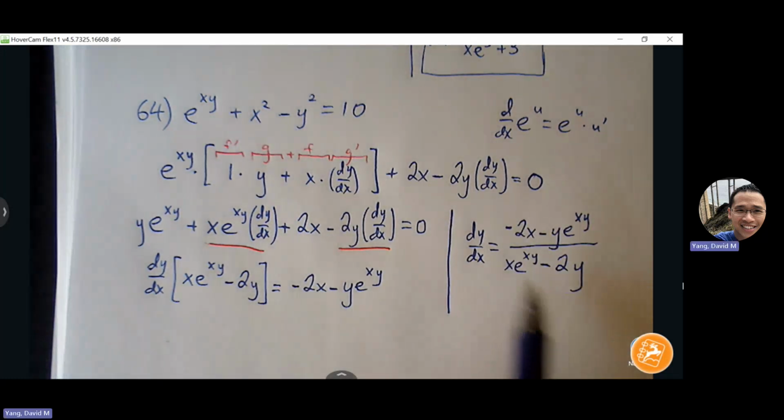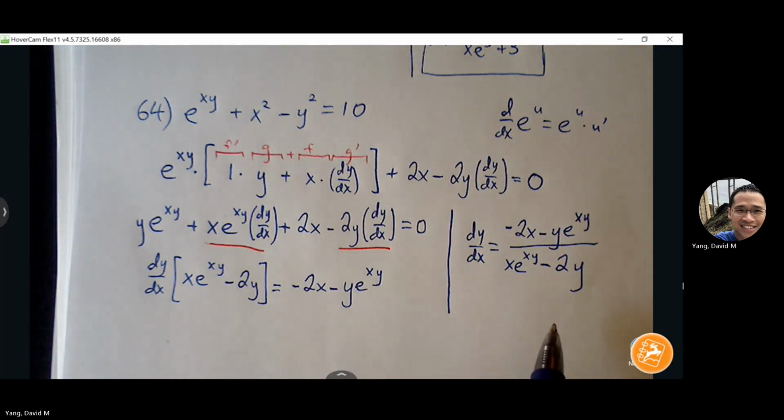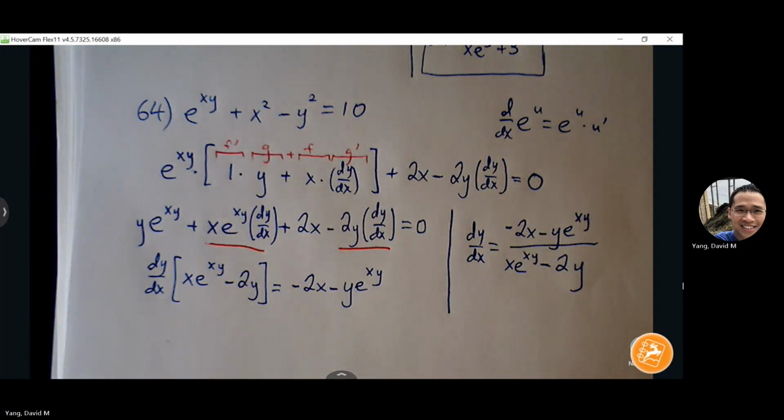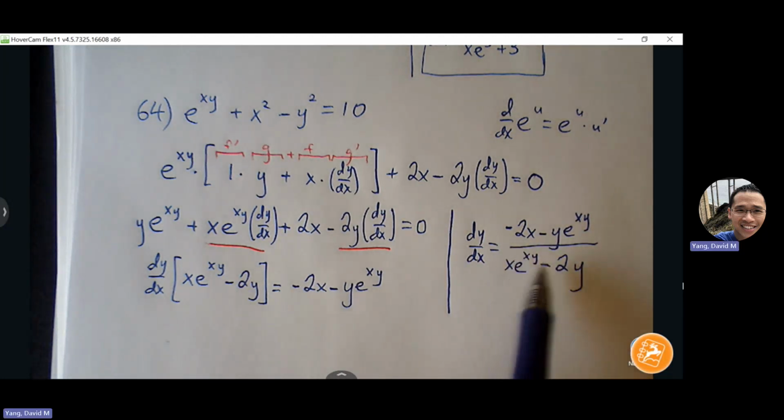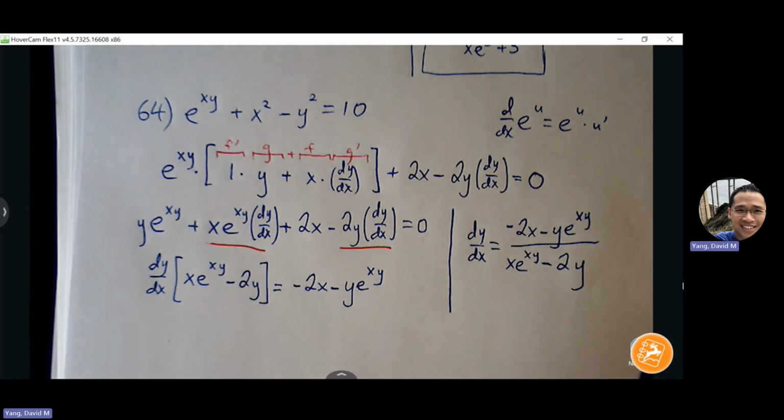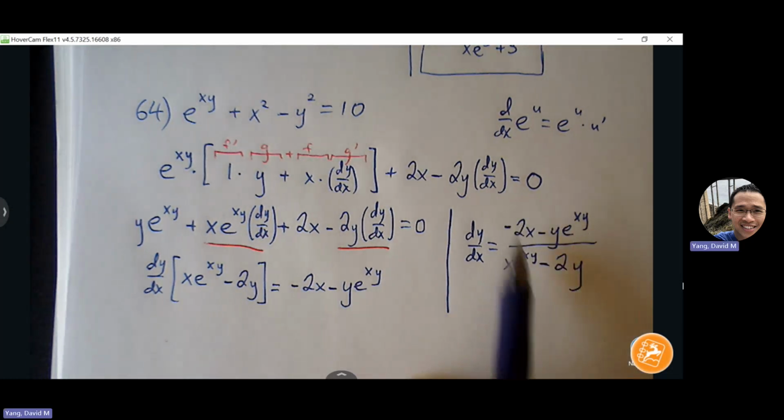Okay, is this all I can do, or can I try to cancel out some more here? We can't cancel, because they're attached to terms by addition and subtraction. Now, if everything was multiplied, then yes, I can start canceling out, but across addition and subtraction, we gotta be more careful.